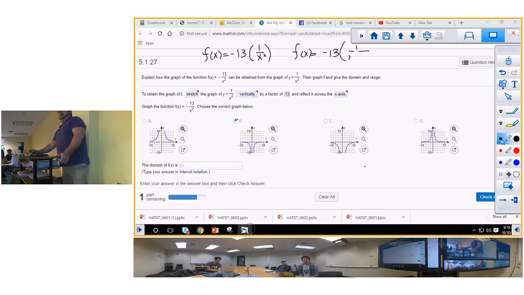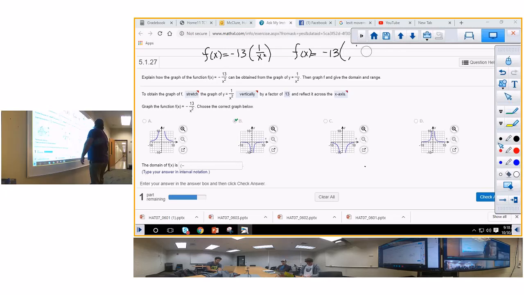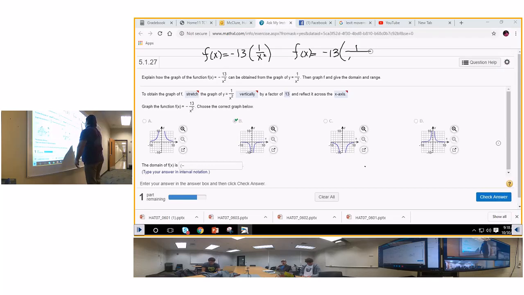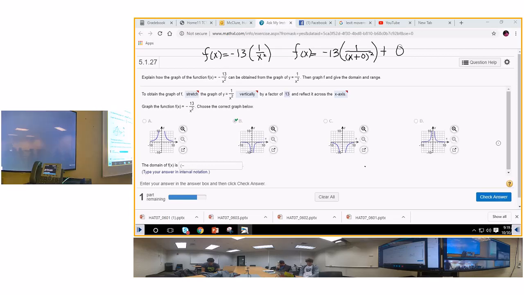Anyway, f of x equals negative 13 times 1 over (x plus 0) quantity squared, plus 0. So what is my vertical and horizontal shift? 0. So that means it's going to be going around the origin. So I go ahead and draw.